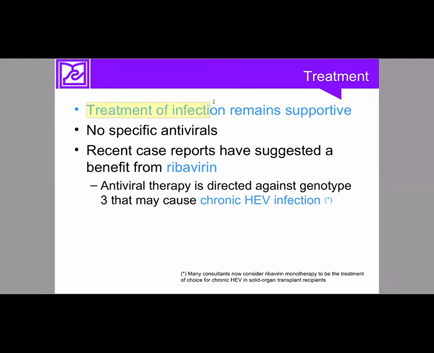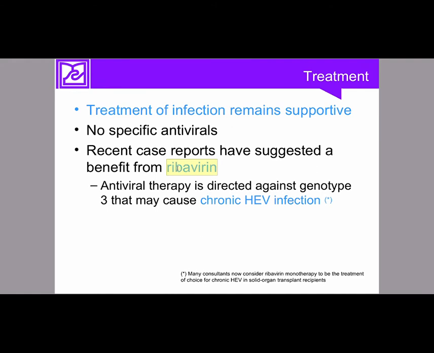The treatment of hepatitis E is also symptomatic, supportive. We don't have specific antivirals. However, this is not important, but I have to tell you. For patients with chronic infection, so immunocompromised patients, some people are using ribavirin to treat them.